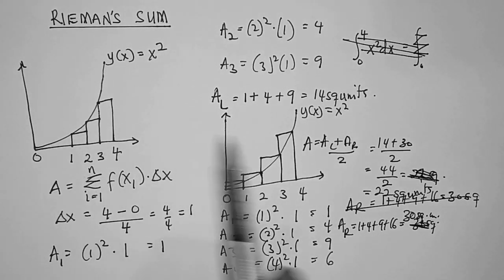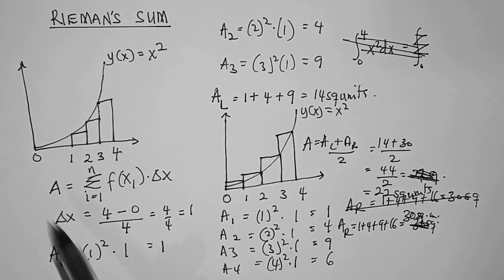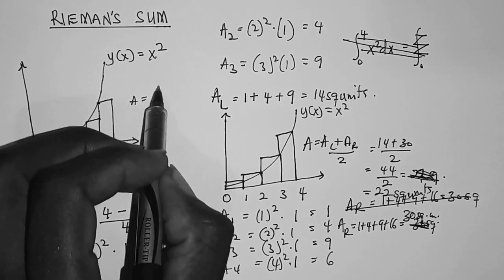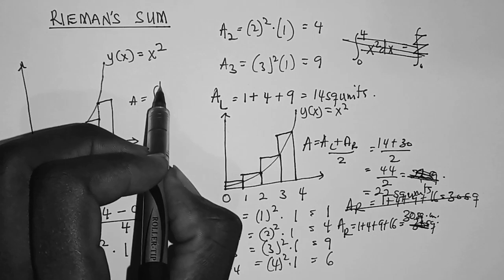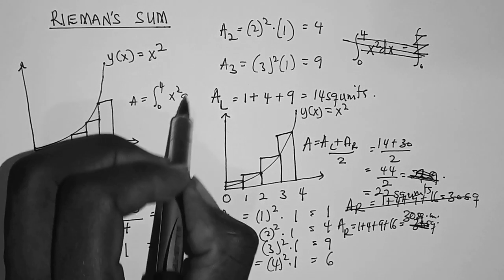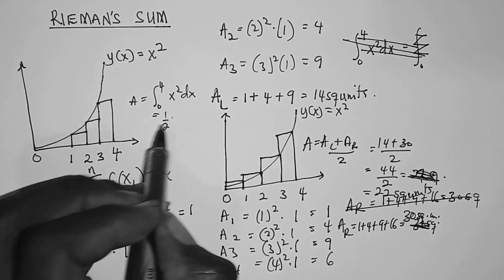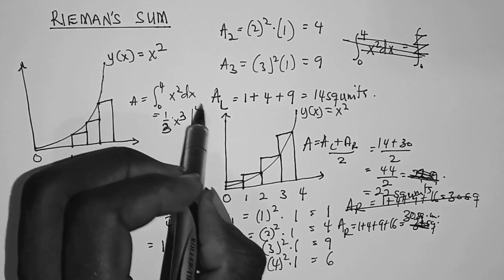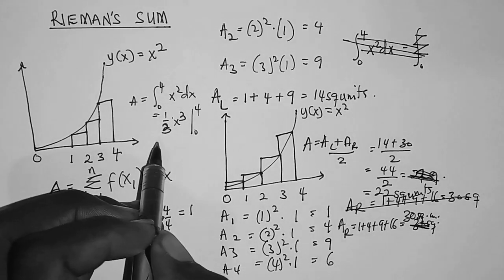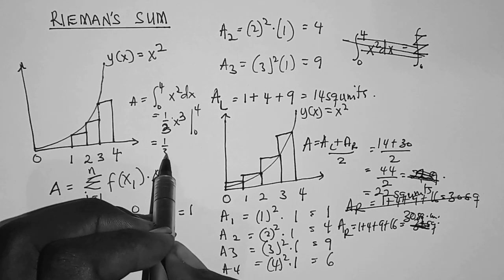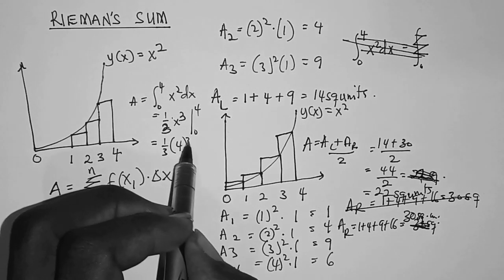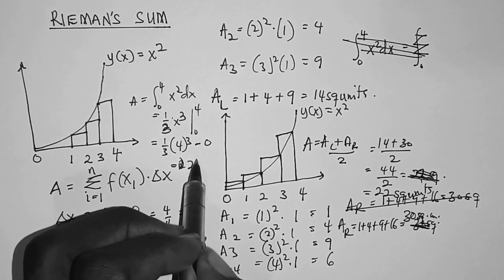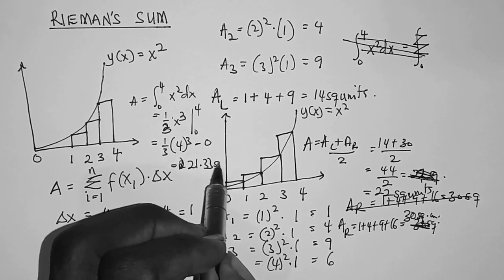So let's find the area by the definite integral and then compare it to the Riemann sum. By the definite integral, area is equal to the integral with lower limit 0 and upper limit 4 of x squared dx. This is equal to 1 over 3 x cubed, evaluated at 0 and 4. This is equal to 1 over 3 times 4 to the power of 3, which is 21.33 square units.